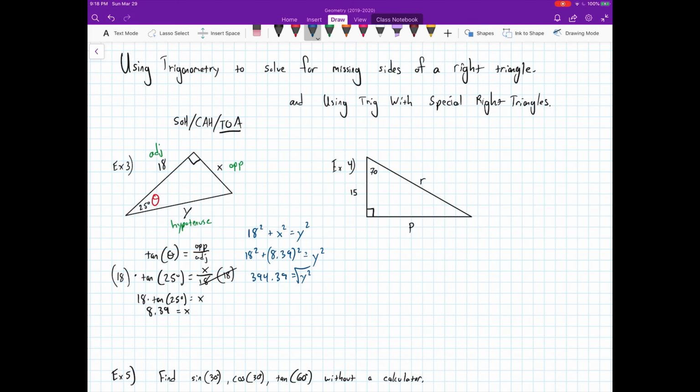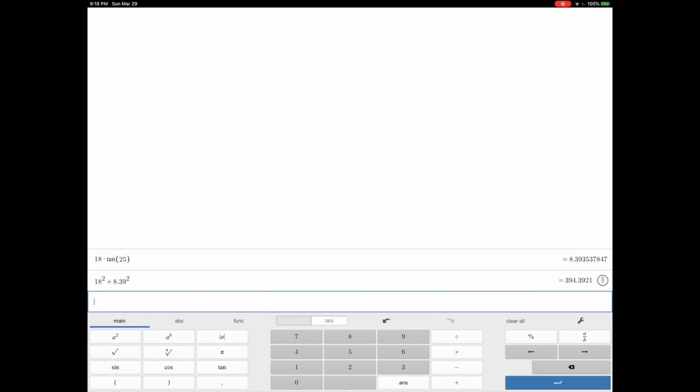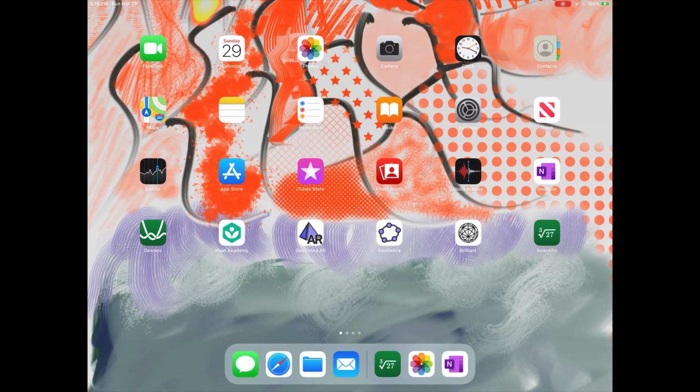Don't forget, you got to take the square root of both sides now to get y. We'll have to go right back to the calculator. So I'm going to do the square root of 394.39. And that's going to be about 19.86.